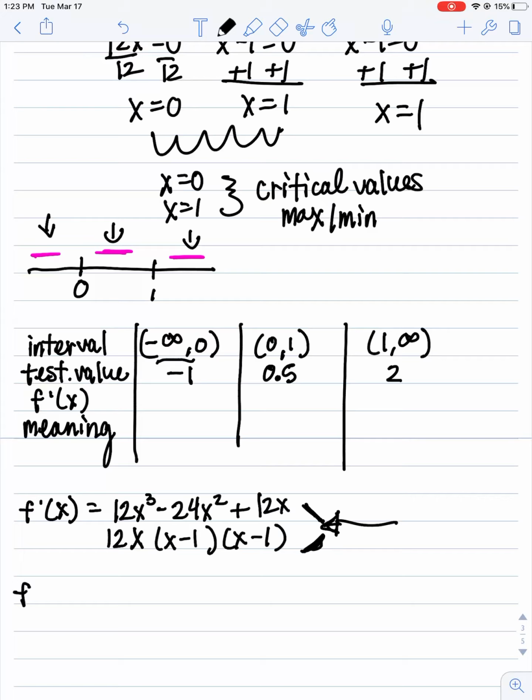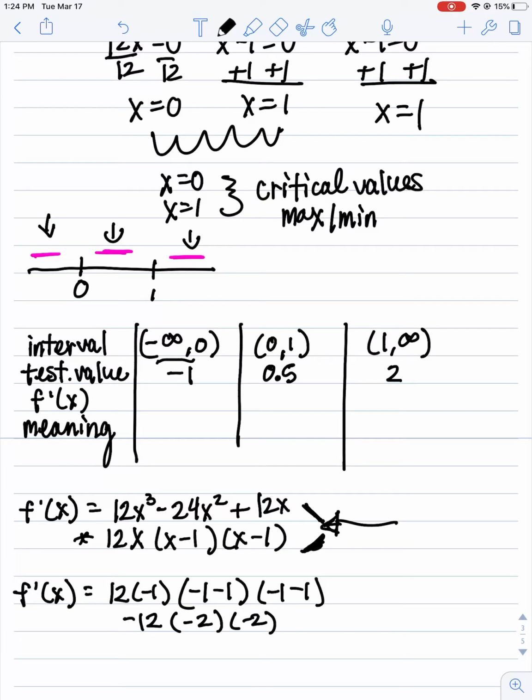Let me show you. So if I take the first derivative and I plug in -1, it'll be 12 times -1 times -1 minus 1 times -1 minus 1. Again, I plugged into the factored form. 12 times -1 is -12. -1 minus 1 is -2. -1 minus 1 is -2.